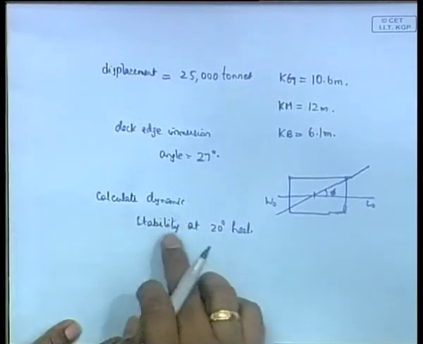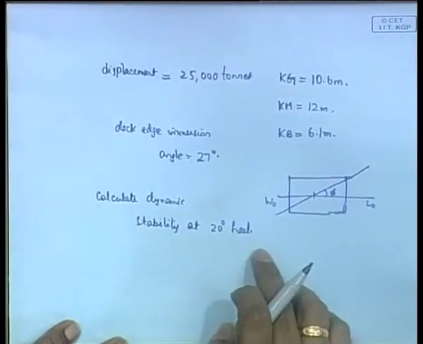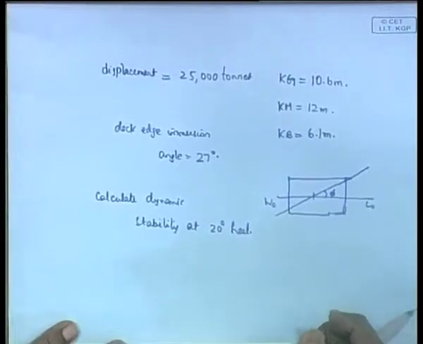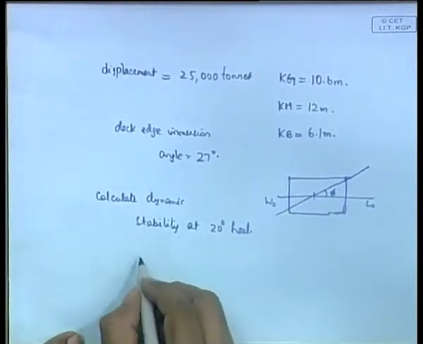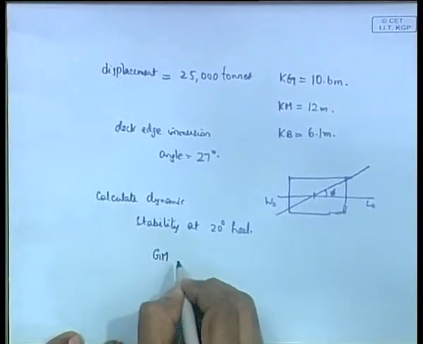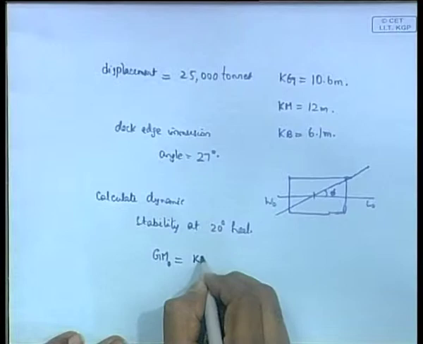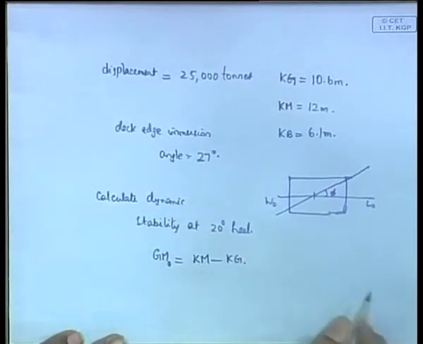Okay. Then this problem says calculate the dynamic stability at 20 degrees heel. First of all, you have to calculate your GM0. GM0 is equal to KM minus KG. This is straightforward.